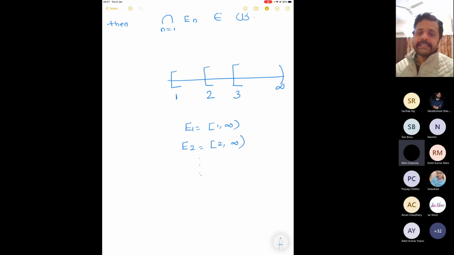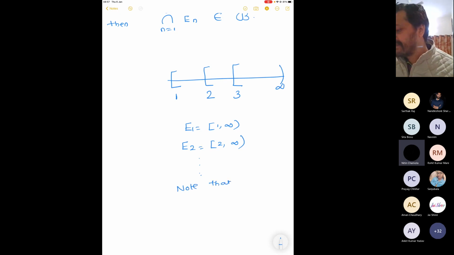If you intersect E1 and E2, 1 to 2 is removed. If you take E1 intersection E2 intersection E3, 1 to 3 is removed, and so on. So what is the intersection of ENs? Null set. Note that the intersection of En, N is equal to 1 to infinity, is equal to the null set.